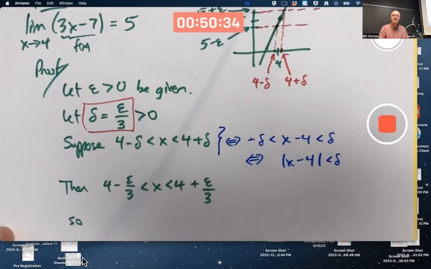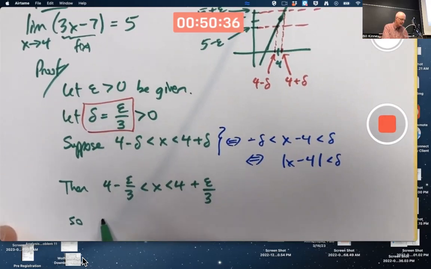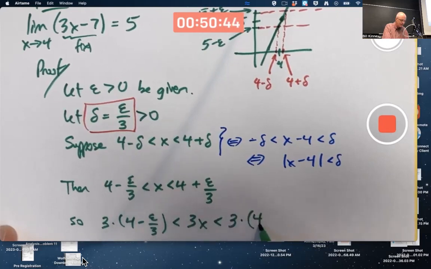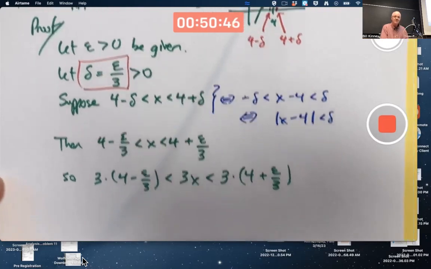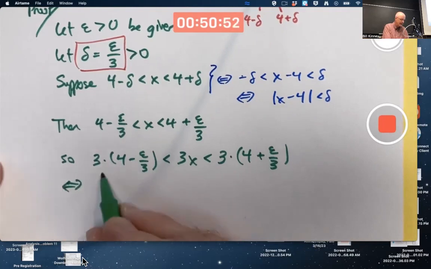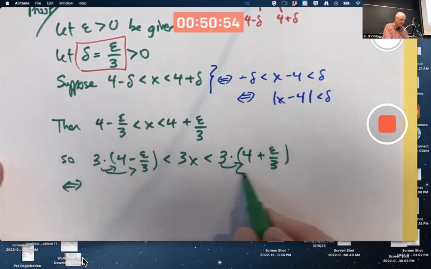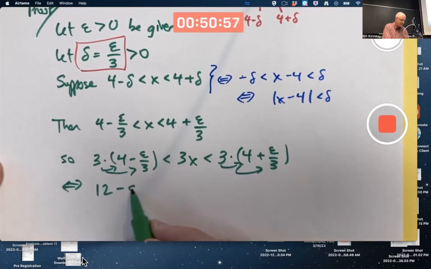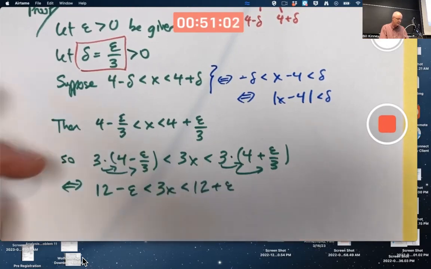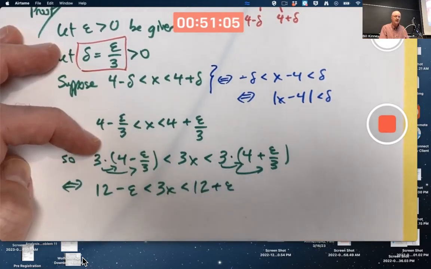If you multiply everything by 3, 3 is positive, so it doesn't change the direction of the inequalities. I can say this. And this is equivalent to saying, if I use the distributive property here, 12 minus epsilon is less than 3x is less than 12 plus epsilon, right? 3 times 4 is 12. And 3 times epsilon over 3 is epsilon, because the 3's cancel.